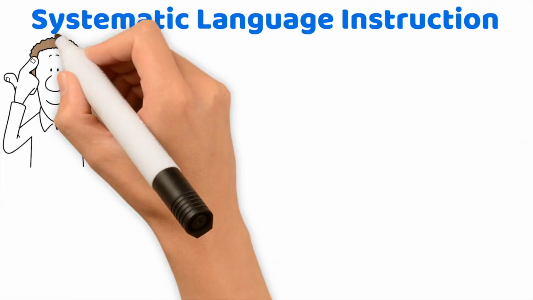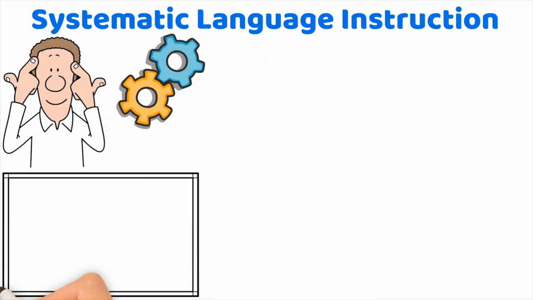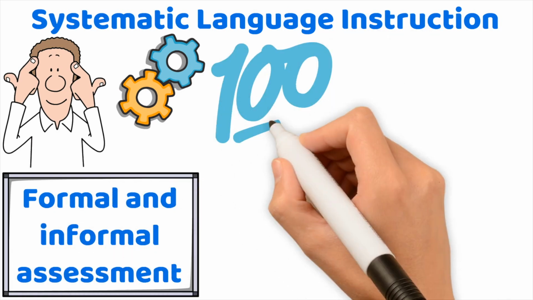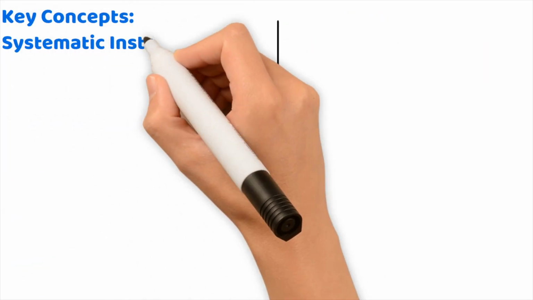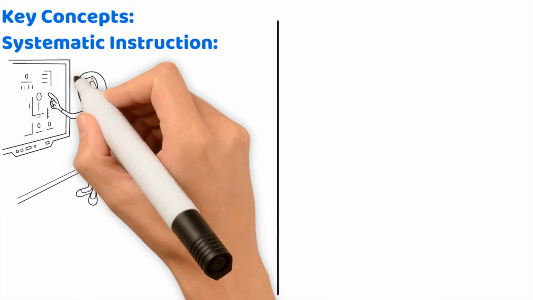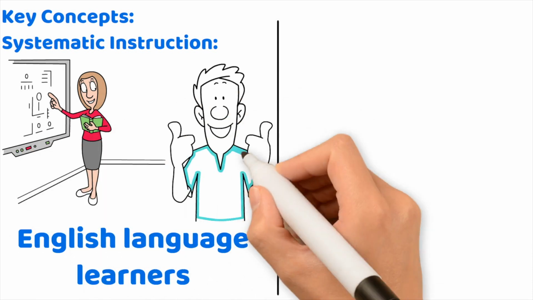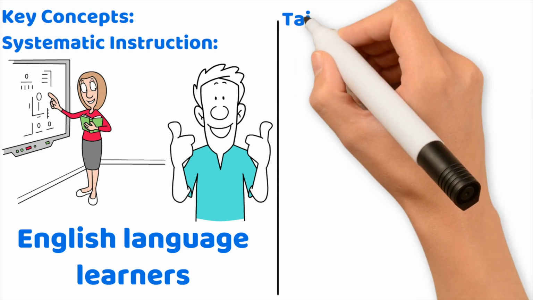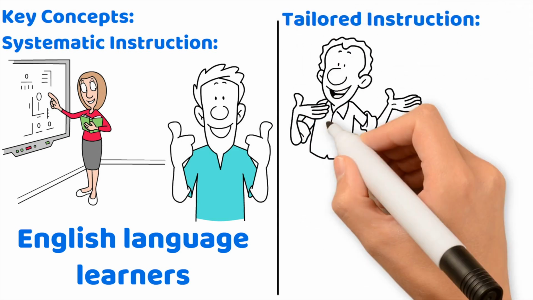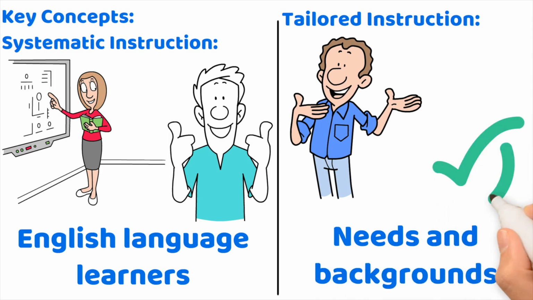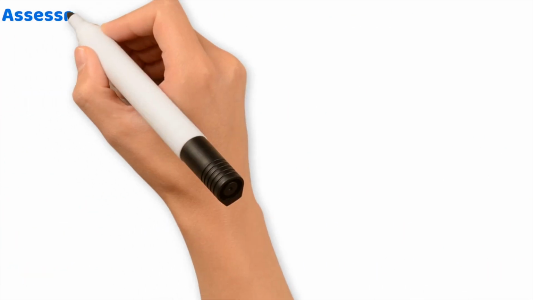Understanding how to implement systematic language instruction based on both formal and informal assessment outcomes is crucial. Here's what you need to focus on. Key concepts. Systematic instruction. Employ a structured and sequential approach to teaching English language learners, ensuring consistency and clarity in your lessons. Tailored instruction. Adapt teaching methods and materials to meet the unique needs and backgrounds of each student, informed by ongoing assessments.